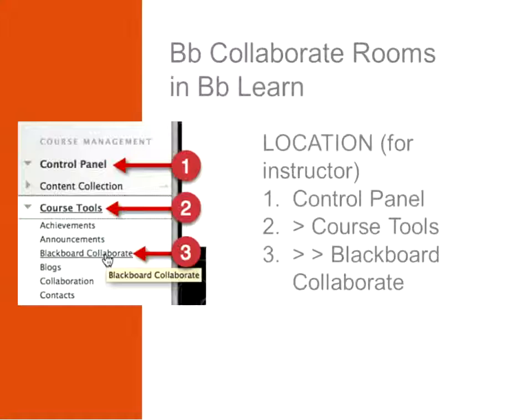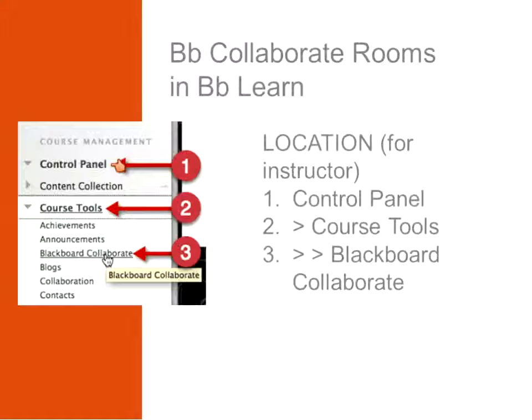The Blackboard Collaborate rooms in Blackboard Learn. To get to them, you start with the control panel. That's number 1 here. The control panel in your course. Automatically, there are at least 2 rooms created for every course. One for the course and one for the instructor.